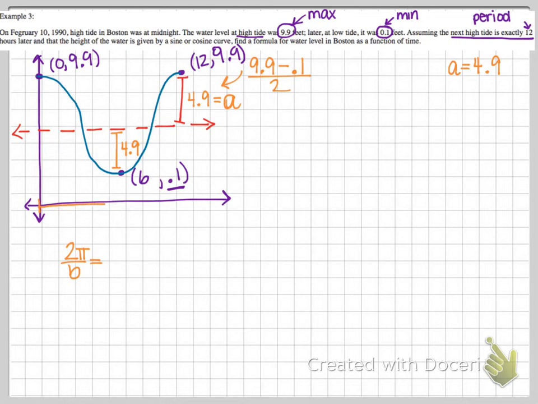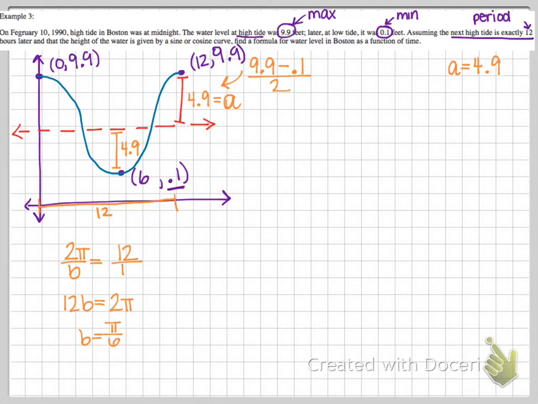Remember, the period is the distance it takes to go through one full cycle, so from maximum to maximum. Maximum to maximum here is 12 units, or 12 hours. So I'm going to have 12 over 1. Cross multiply that, or however you want to solve it, because you are math competent enough to know what you want to do.